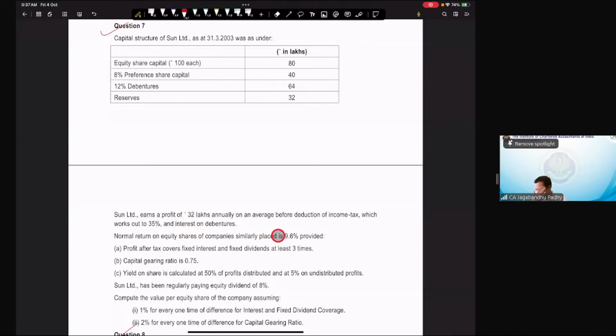So on a similar company, the investors are getting 9.6%, but there are certain conditions. The condition is provided profit after tax covers fixed interest and fixed dividends at least 3 times. Capital gearing ratio is 0.75. Yield on share is calculated at 50% of profits distributed and 5% on undistributed profits.